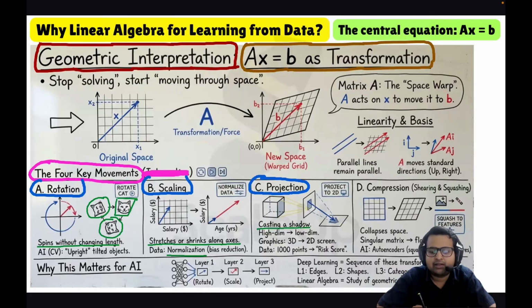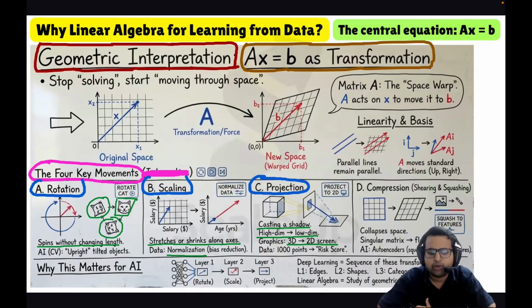So it takes a high dimensional vector and flattens it onto a low dimensional surface, like from 3D to 2D. That is what projection is. In projection, the transformation matrix takes a high dimensional input vector and transforms it into a low dimensional space, like from 3D to 2D space.